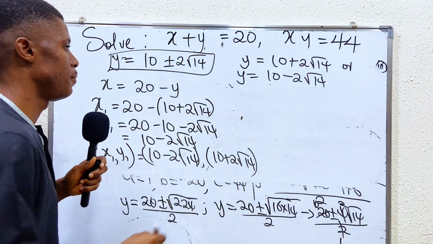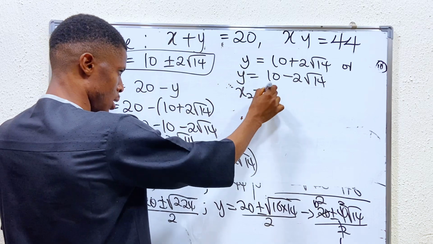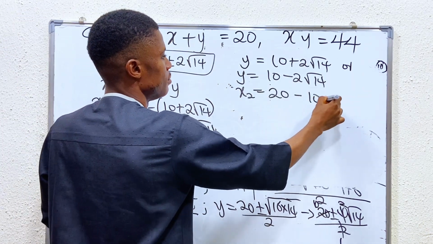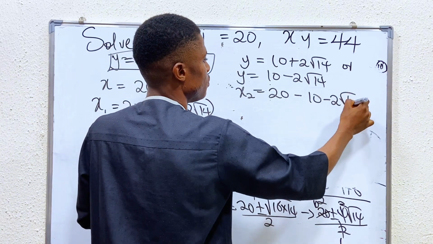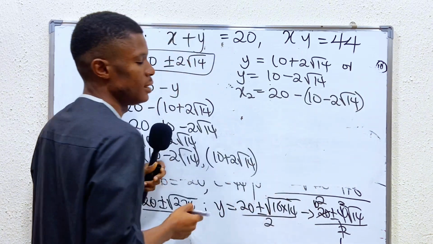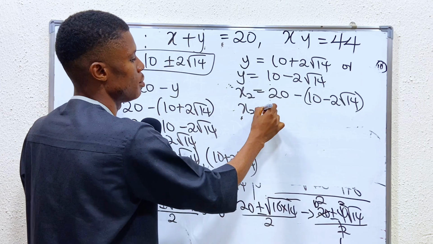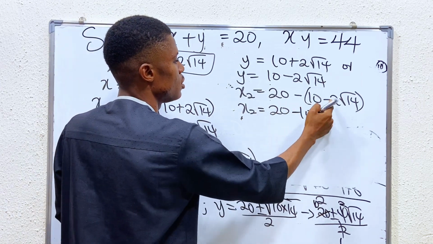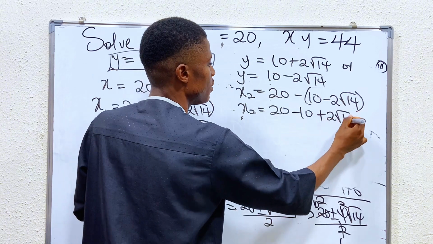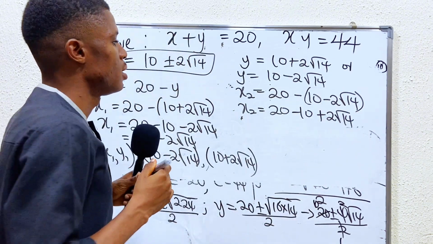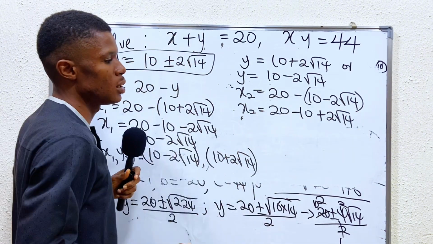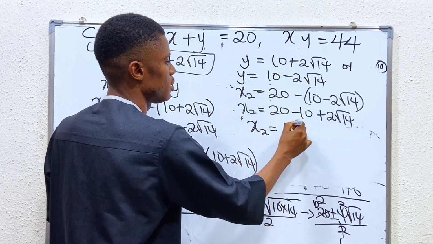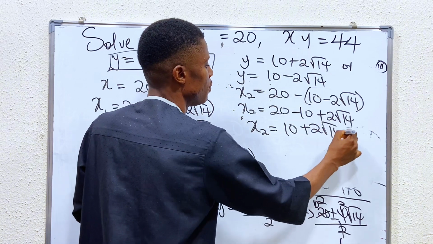Then for the second value, we have that x2 will be equal to 20 minus 10 minus 2 root 14. And that will be 20, this minus minus 10 will be plus 2 root 14. Okay? So 20 minus 10 is 10. x2 will be equal to 10 plus 2 root 14.